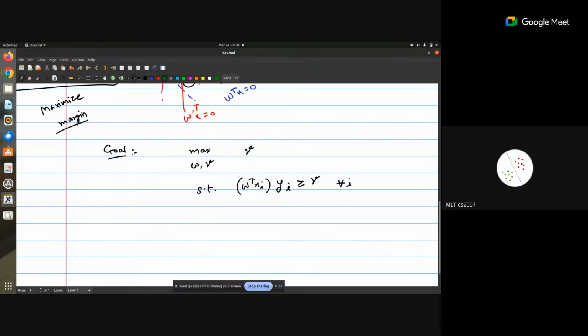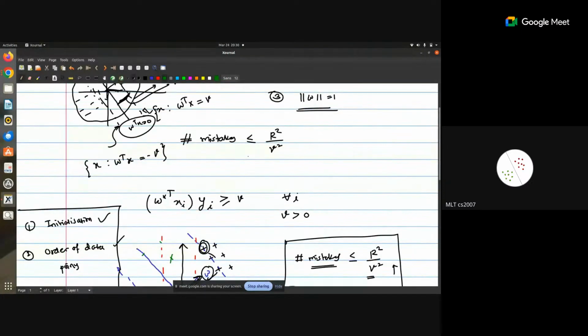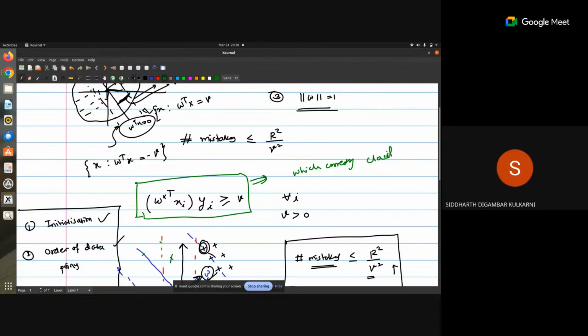One more thing is that in the perceptron algorithm, the optimal W is that W which gives the maximum gamma, or which correctly classifies all data points using this margin, correct?